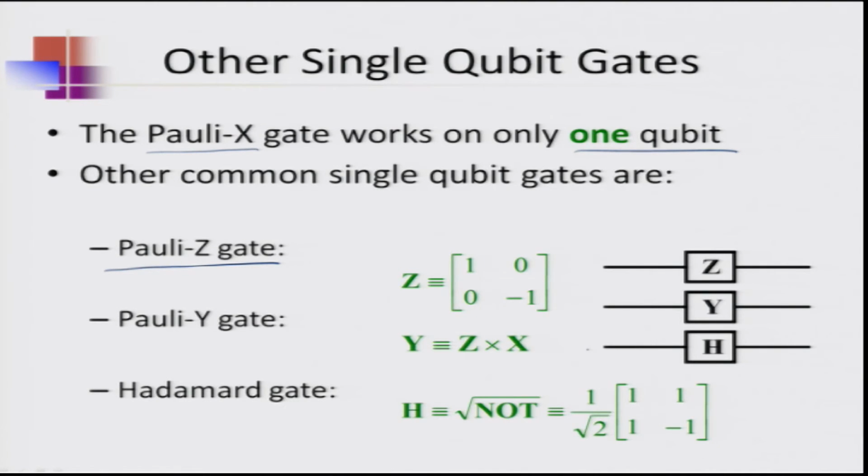The representation would be similar to the way that you write the classical ones; you will be writing out how they are. The Pauli Z gate is [1 0; 0 -1]. Then the Pauli Y gate is a multiplication of the Z and the X, and the Hadamard gate is essentially a square root of the NOT gate.